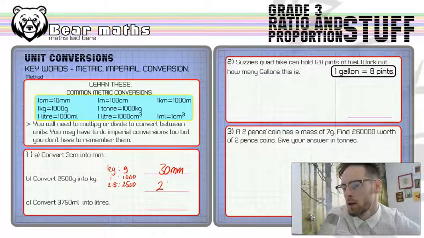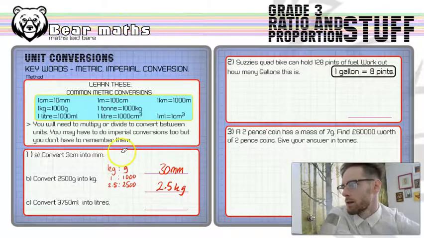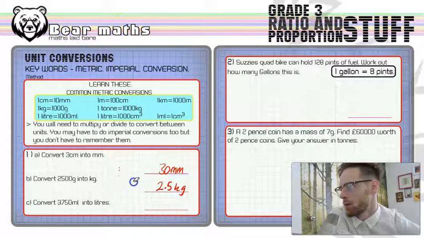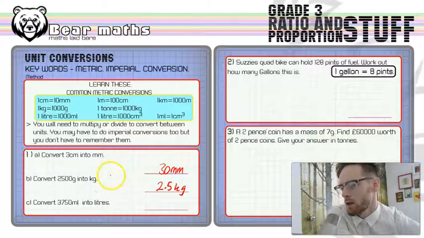It's a bit tricky sometimes to know whether you multiply or divide, but yes, there we go. That's in kgs. Always put the units in, obviously, if you haven't got that already written there. And the last one is the same thing as B, effectively, just a slightly more awkward number and different units.